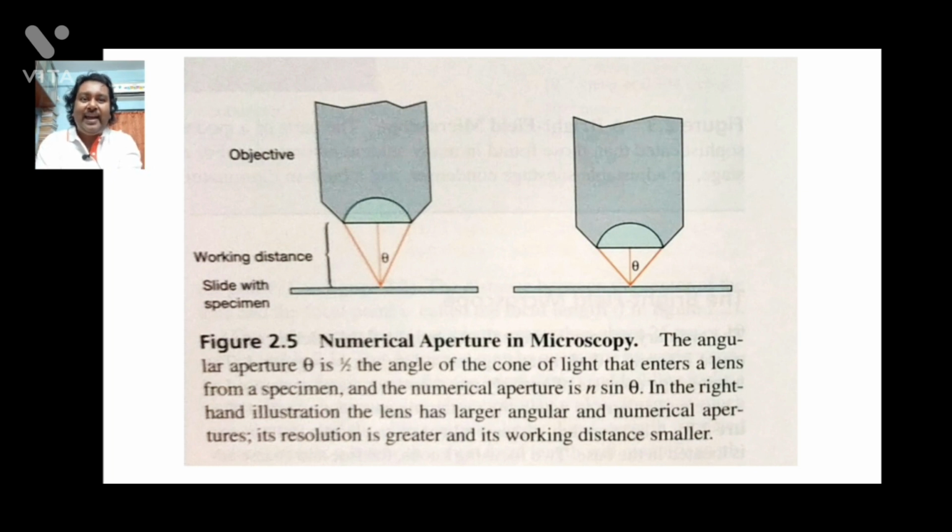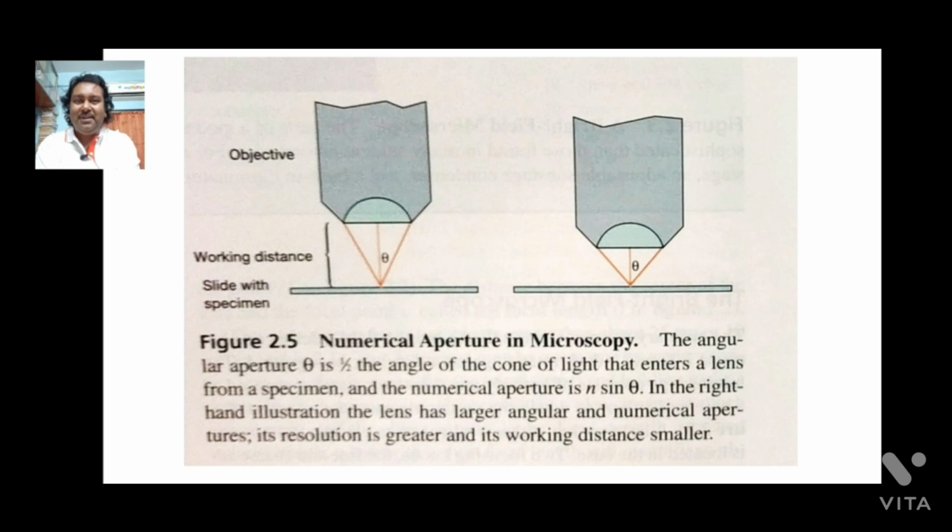In the left side diagram, the value of theta is lesser, and in the right side the value of theta is greater, because the lens in the left diagram is quite a large distance from the specimen, so the angle value of theta is lesser. In the right side diagram, the theta value is higher because the lens is much nearer to the specimen.